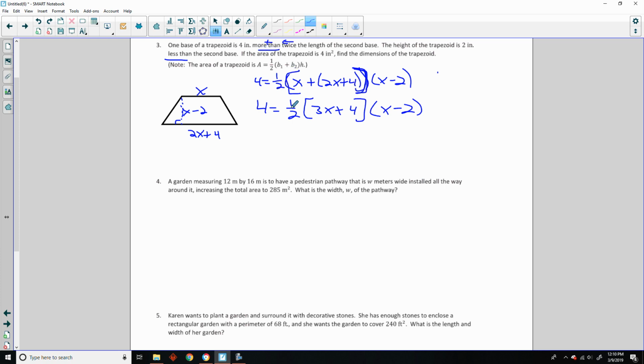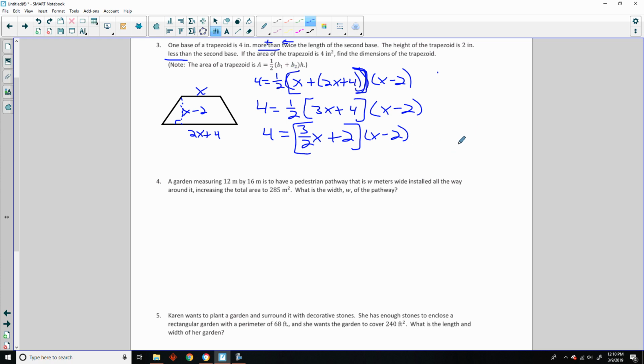And then we need to distribute this 1/2 through here first. So 4 equals 1/2 times 3 is 3/2 plus 1/2 of 4, which is 2, times x minus 2.